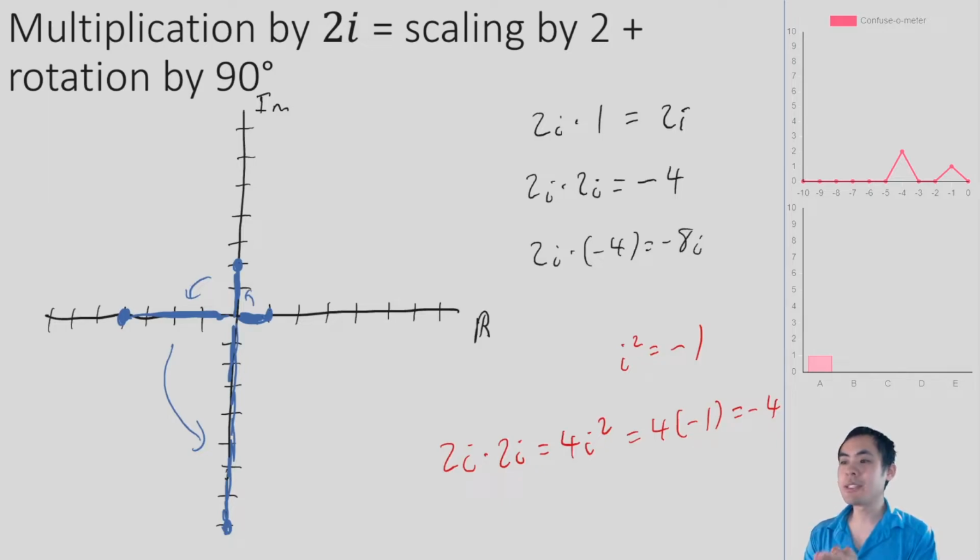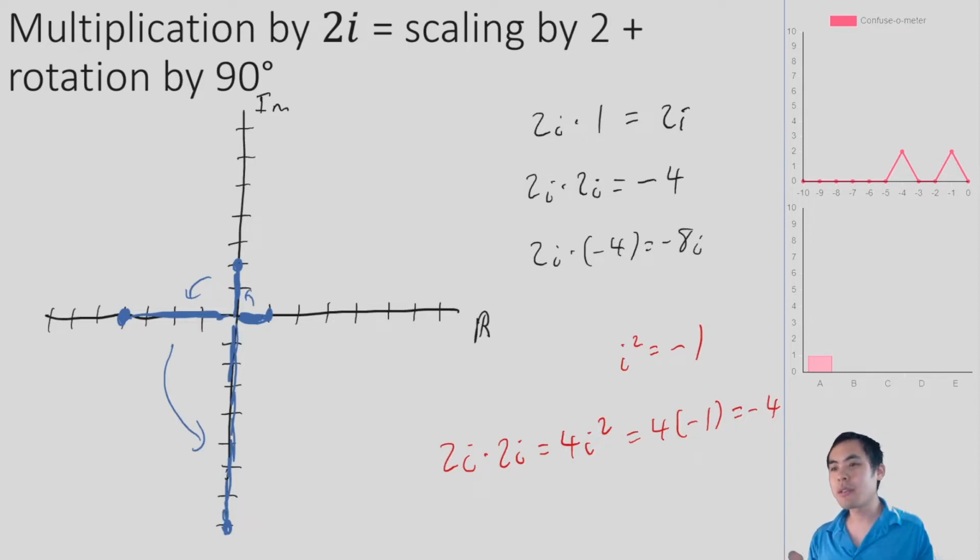Another way of thinking about it is that i squared is always equal to minus 1. That's just by definition. Anytime you see an i squared, you can replace it with a minus 1. If you just have a single i, you could replace it with the square root of minus 1, but that might be confusing in places. So i squared is equal to minus 1. That's the basic premise of complex numbers.